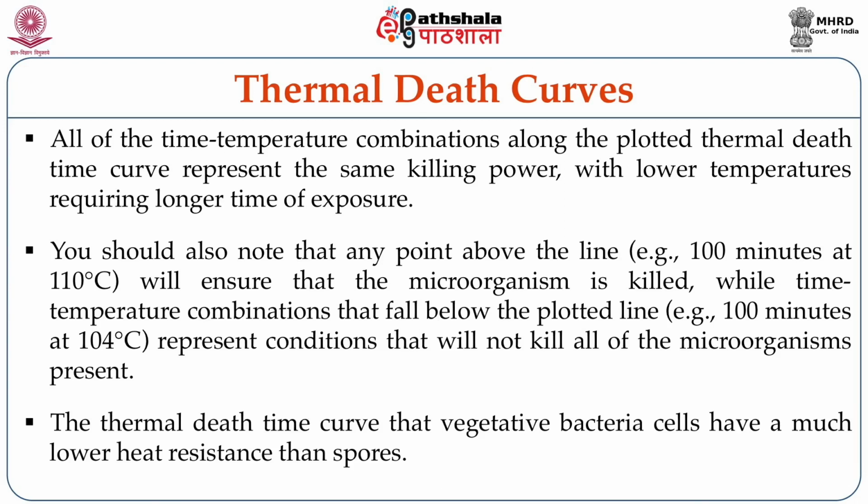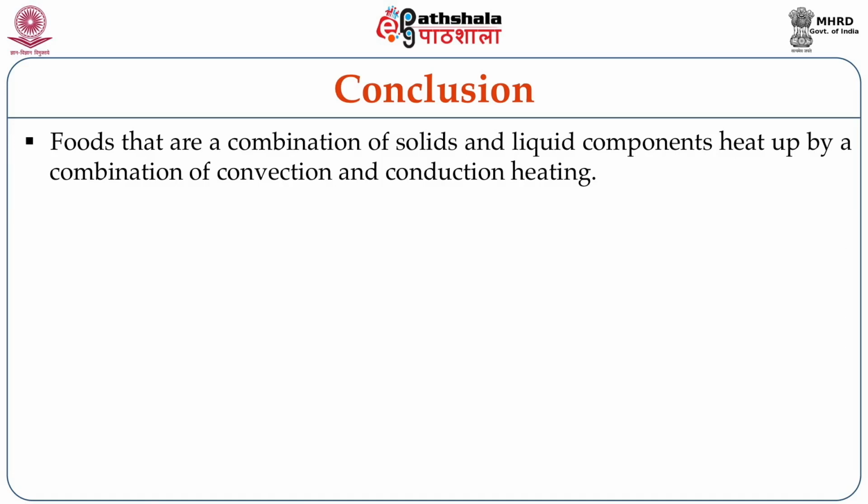matrix. The thermal death time curve shows that vegetative bacterial cells have a much lower heat resistance than the spores. The spores will have a thermal death time curve with a higher temperature and set of conditions. Foods that are a combination of solids and liquid components heat up by a combination of convection and conduction heating.